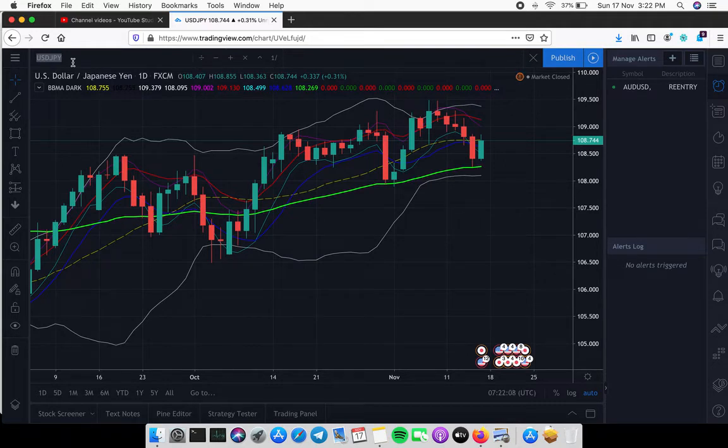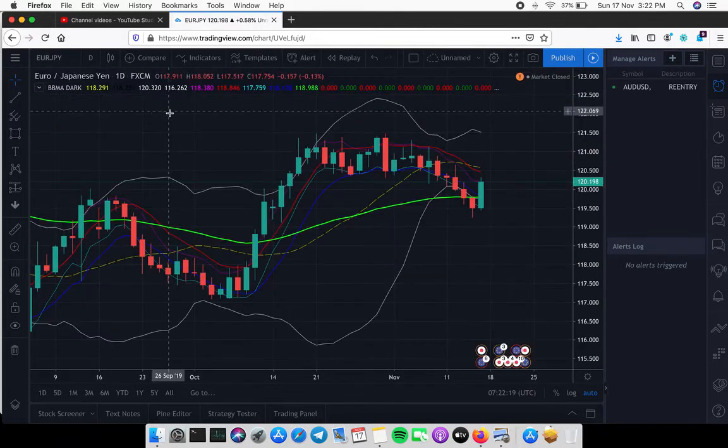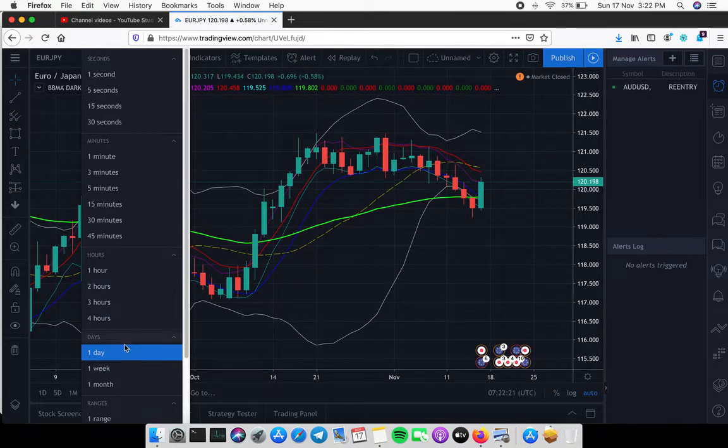And then what we can do is look at the cross pair Euro JPY. Okay, Euro JPY.